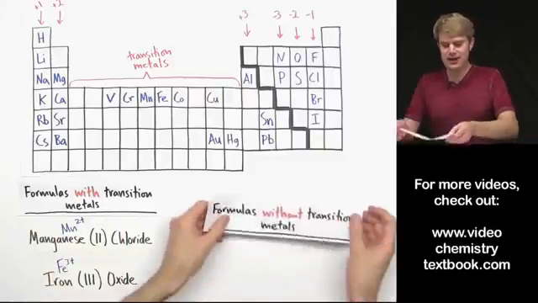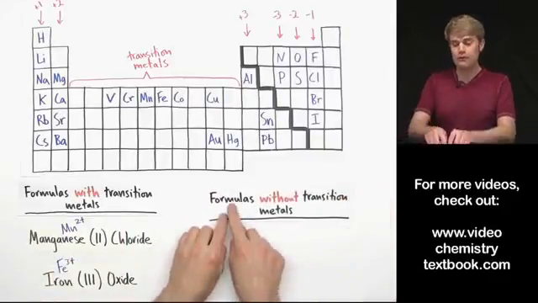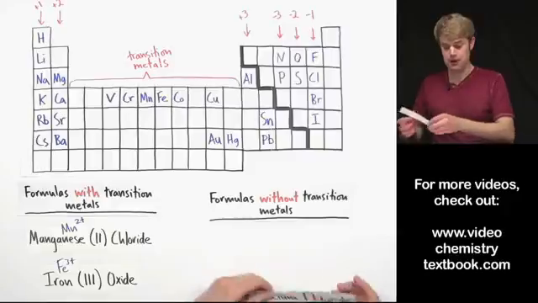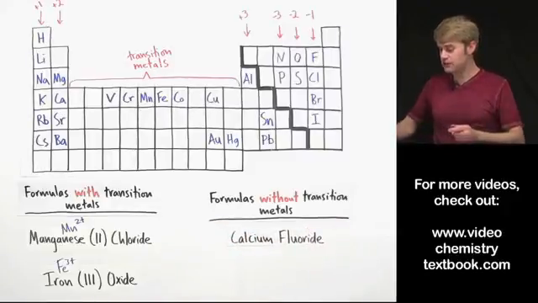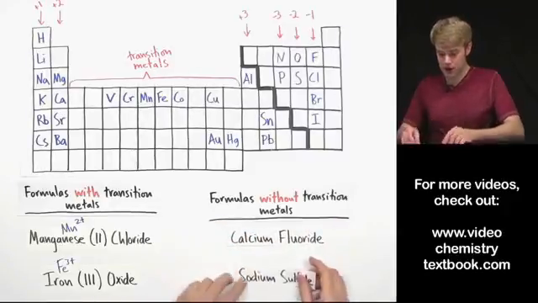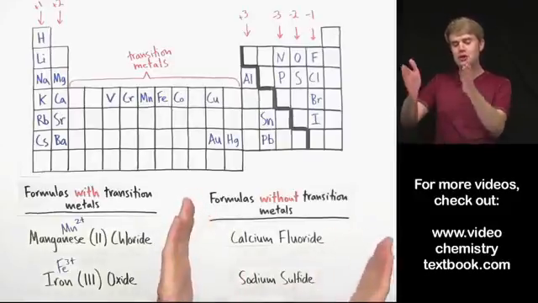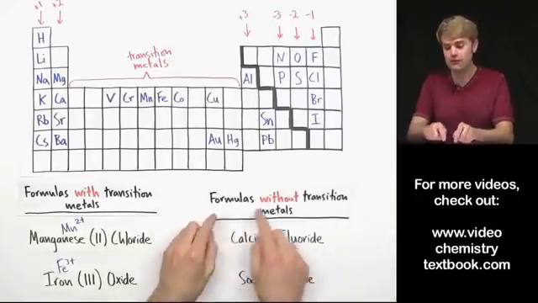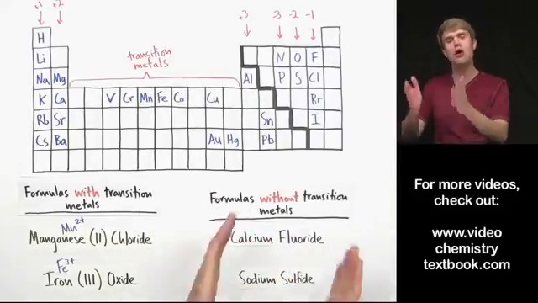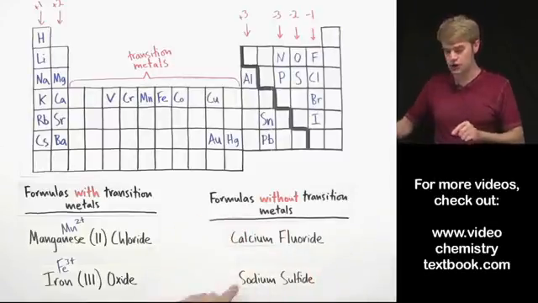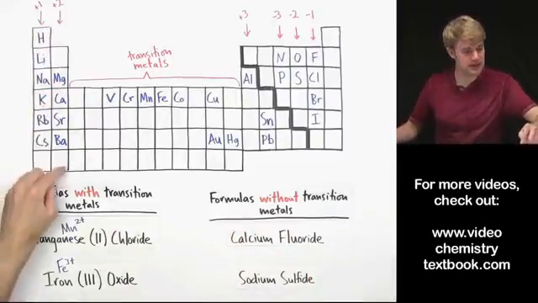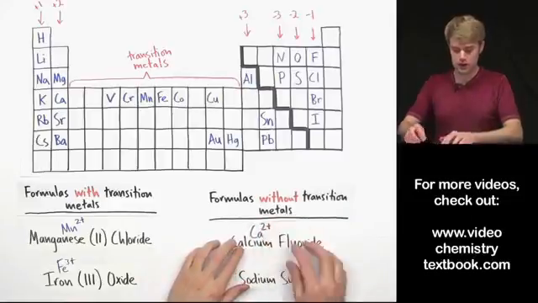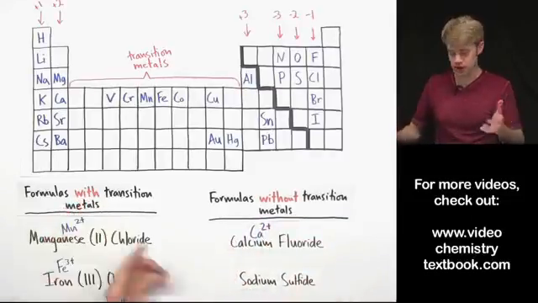This Roman numeral notation is different from formulas without transition metals, where we just write calcium fluoride, or we'd write sodium sulfide. We don't have to use Roman numerals when we write formulas without transition metals because it's totally clear what these charges are, right? Calcium is in this column here, so we know for sure that it's 2+, and it's always going to be 2+.